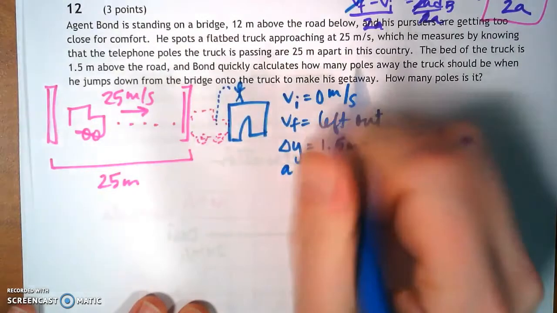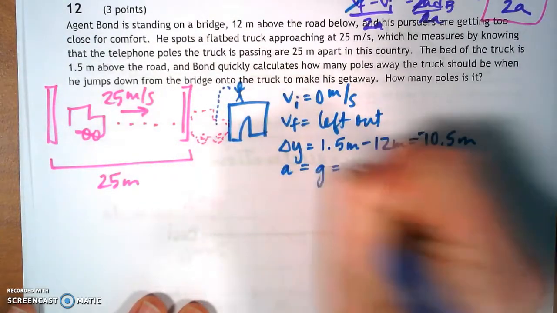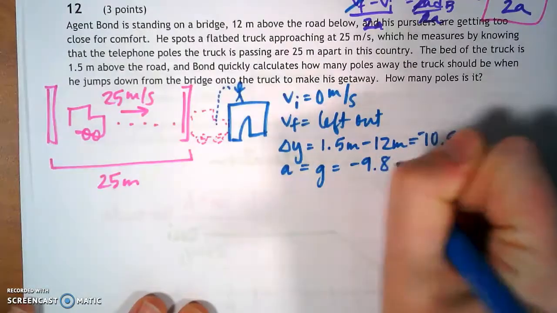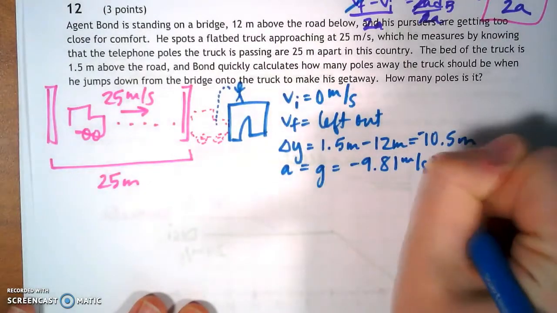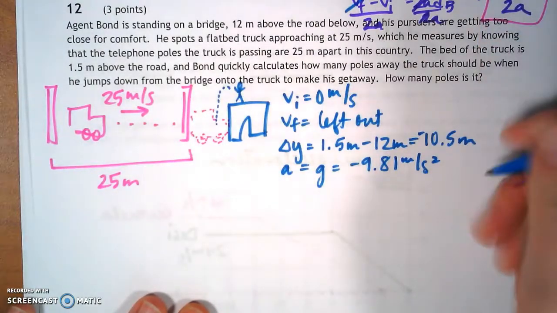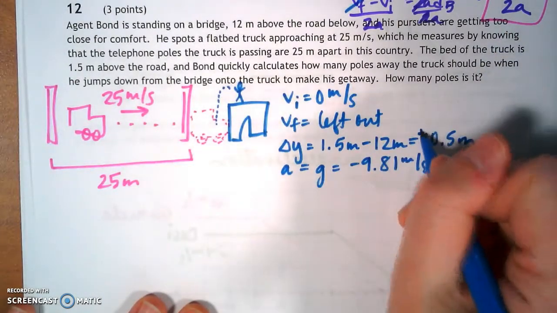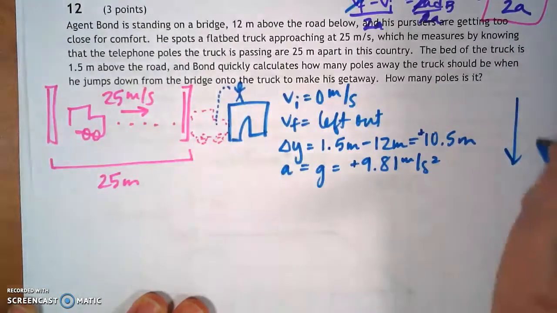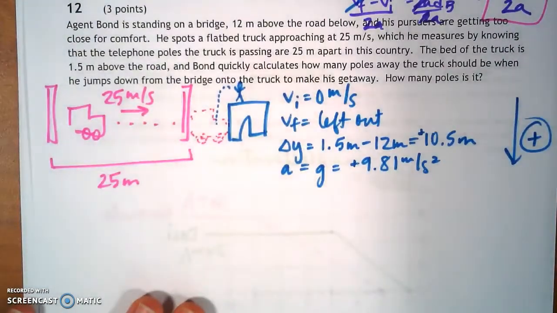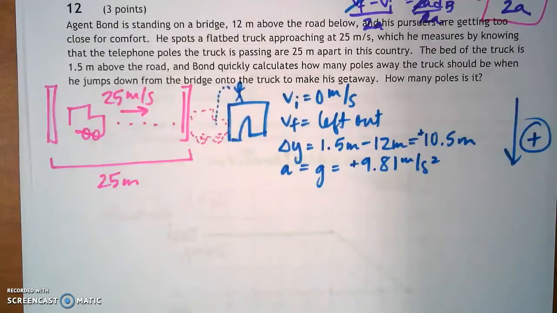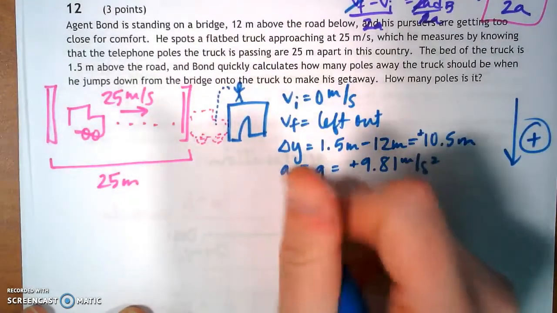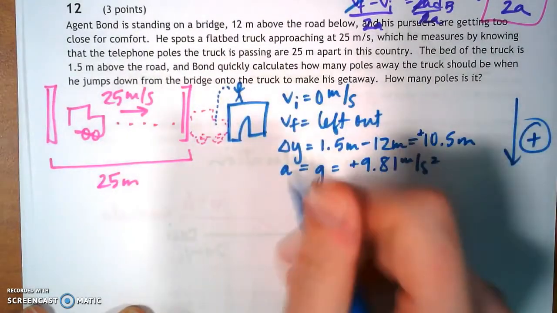So his displacement is 10.5 meters. And he's falling with the acceleration of gravity, which if down is the negative direction here, because my displacement was downward and it was negative, this needs to be -9.81. Or let's make it easier for ourselves. Let's say down is the positive direction. So I'm going to choose an equation. He's trying to time his jump, right?